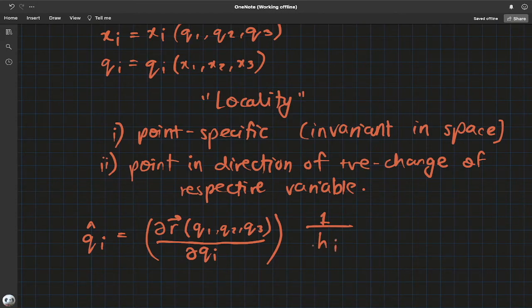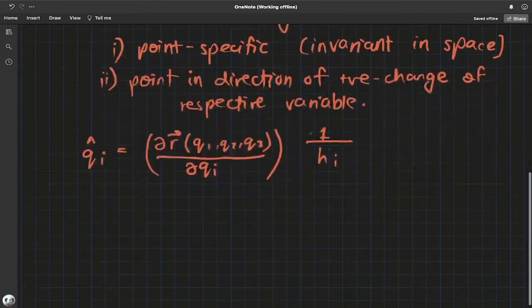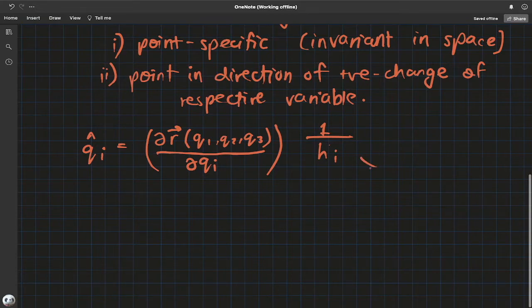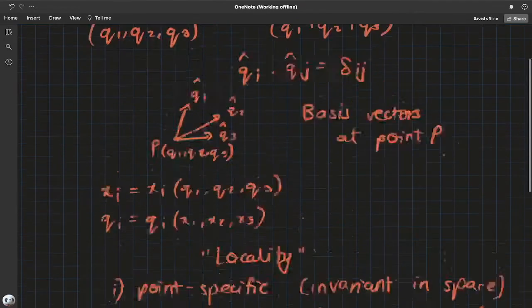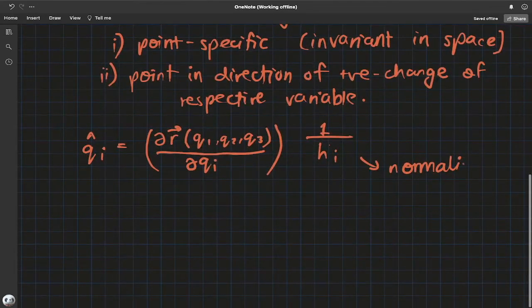This scaling factor hi is nothing more than our attempt at normalizing, because we want an orthonormal system. So this is for normalizing everything. We want that Kronecker delta to have no other factor associated with it, no factor of 5 or 6, for example, because we've normalized it.